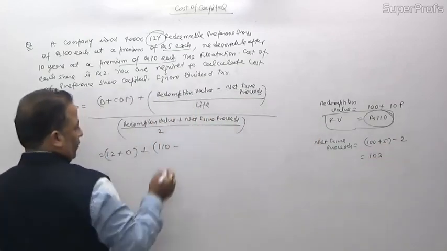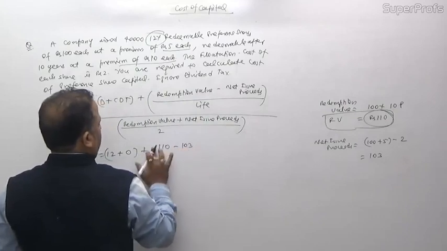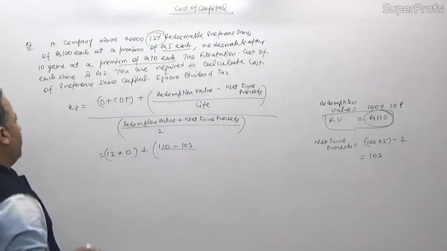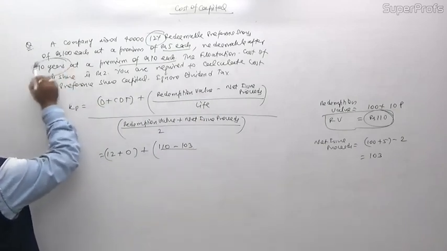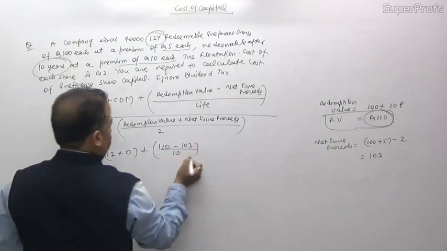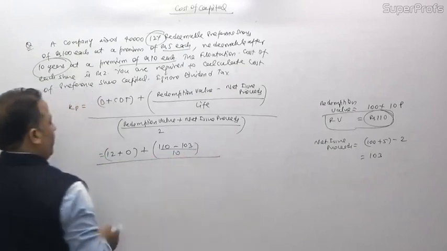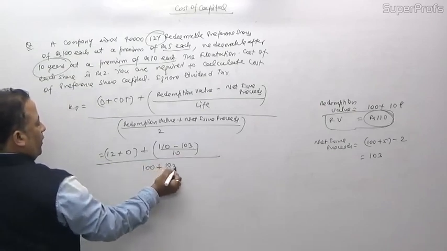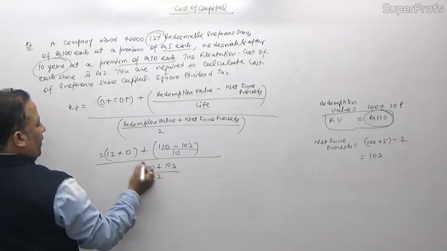The balance left 103 divided by life, preference shares are redeemable after 10 years, whole divided by redemption value 100 plus net issue proceed 103 divided by 2.